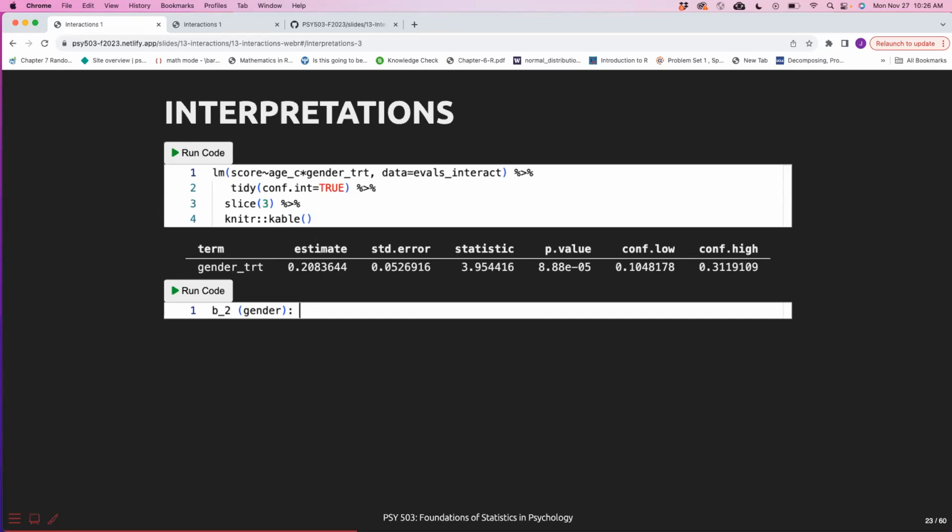Someone that's not Kennedy or Abby. So go look back at the general interpretations of the b2 coefficient.